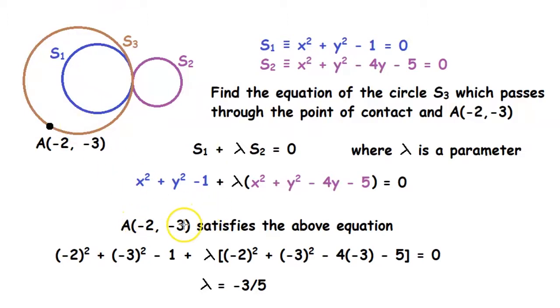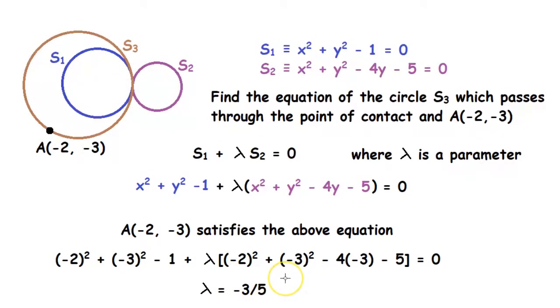So A(-2, -3) will satisfy the above equation. So, when we substitute these values into our equation, we get (-2) squared plus (-3) squared minus 1 plus lambda into ((-2) squared plus (-3) squared minus 4 into (-3) minus 5) equals 0. Finally, we can get the lambda value of S3 as -3 upon 5.